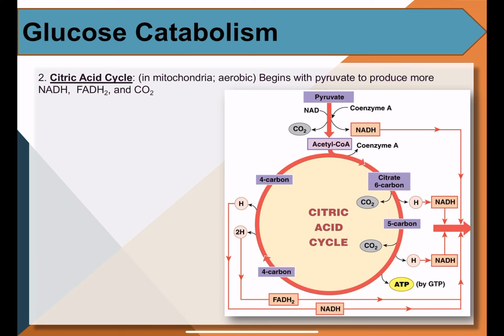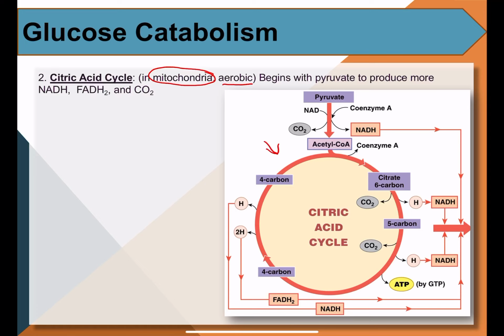There are a couple of names for this process, but it's all the same thing. It happens within the mitochondria and is considered an aerobic process, which means it will require oxygen to proceed.